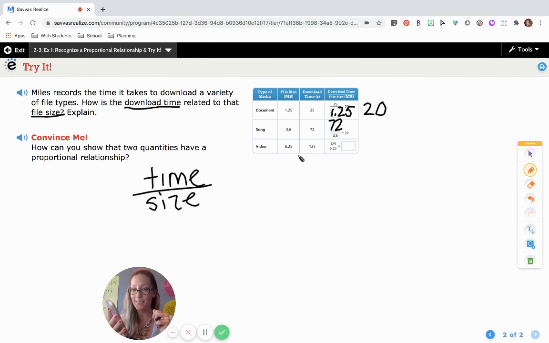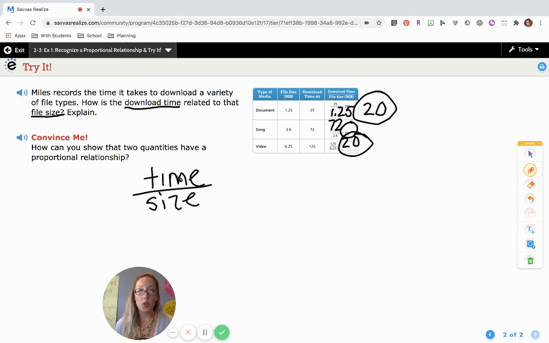Tell me what you got. Yeah, you get 20. Because we got the same thing each time, we have proved that those are proportional. And this is actually our unit rate. That 20 is our unit rate.